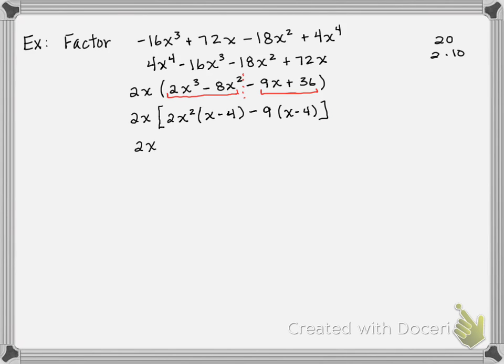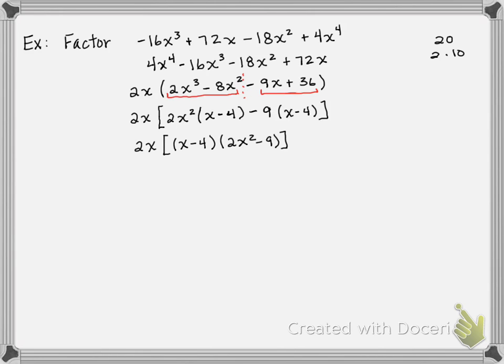2x is coming along for the ride. And then common factor of x minus 4. And we have x squared minus 9 left over. And in this last step, notice that I don't actually need those brackets anymore.